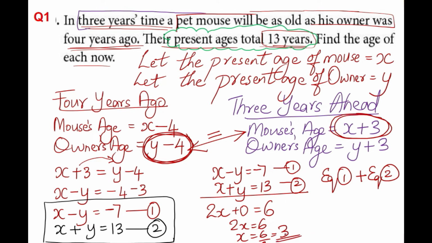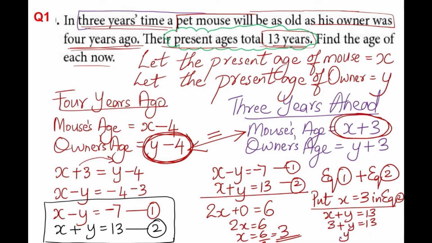Now, since my x is 3, I'll go back to equation 2. Now, you can select equation 1 or 2. I'm using the second equation. So, put x equals 3 in equation 2. So, I have x plus y equals 13. So, 3 plus y is 13.